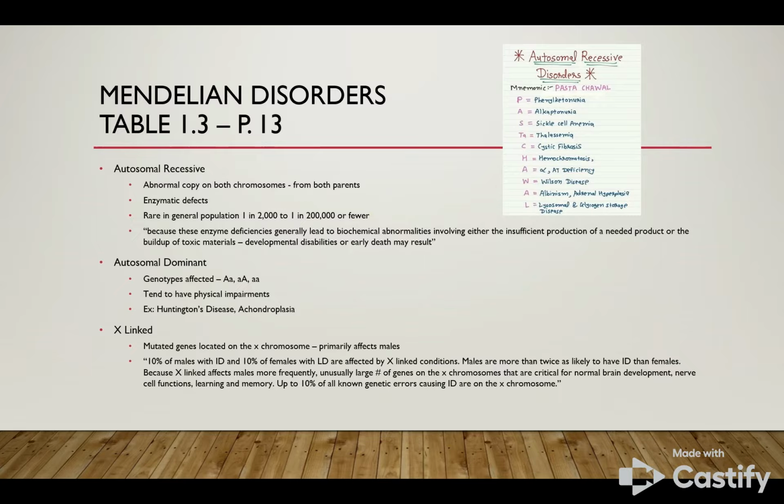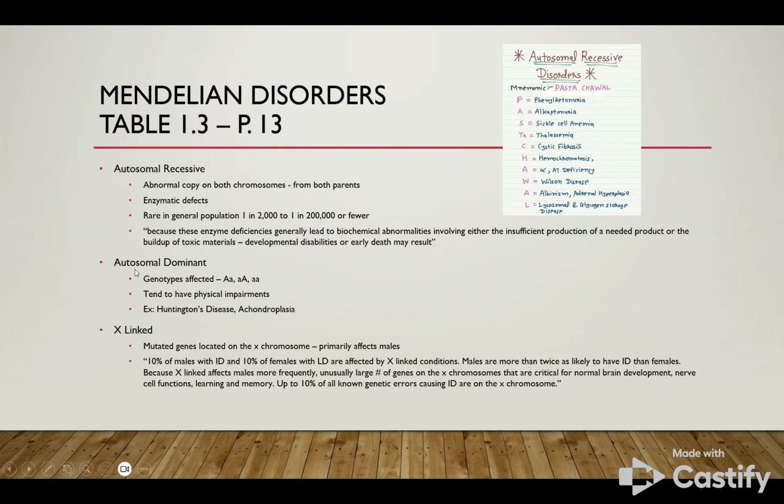A lot of these autosomal recessive disorders can alter the way your body processes specific things like specific types of vitamins and nutrients, and maybe even cholesterol. So your body can't process it appropriately, and that can lead to other issues that cause developmental disabilities in your brain and your body.